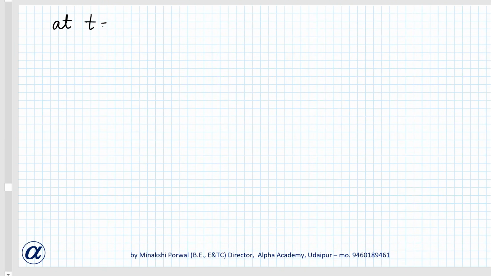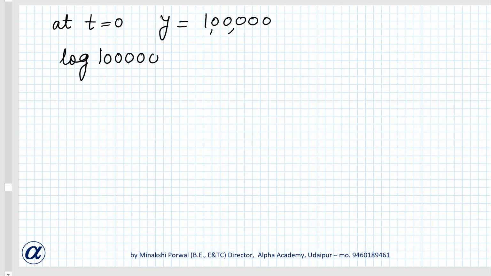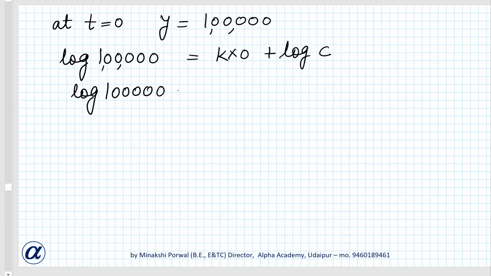Okay. Now, what is given at t = 0 initially? At t = 0, y = 1 lakh. So we'll substitute this: log of y, which is 1 lakh, equals k times 0 plus log c. That is, log of 1 lakh equals log c.